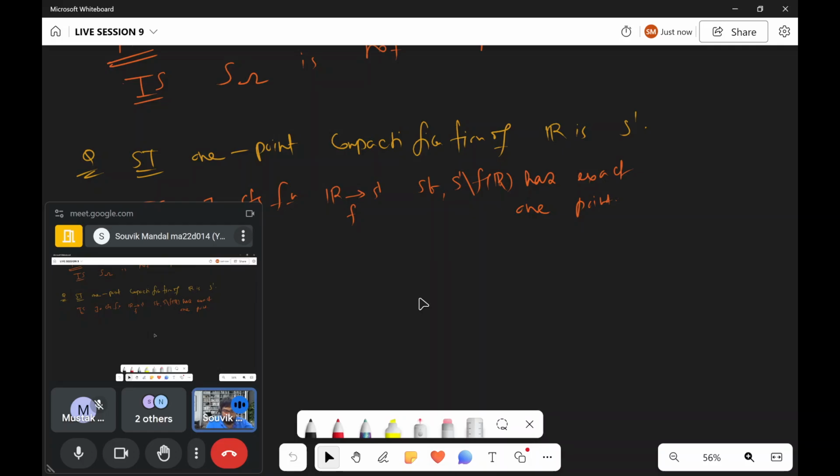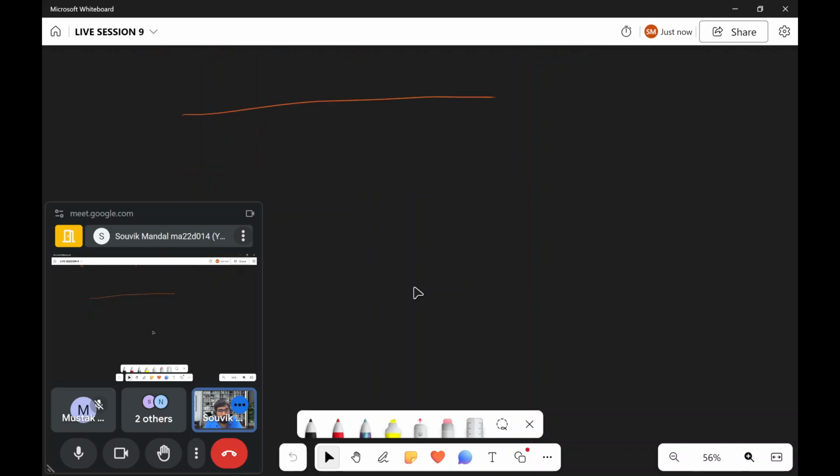Intuitively, instead of writing the full line, we can write R to be this. This is also R, correct? Now what do we do? We are adding one point here. This means we can join these points, right?